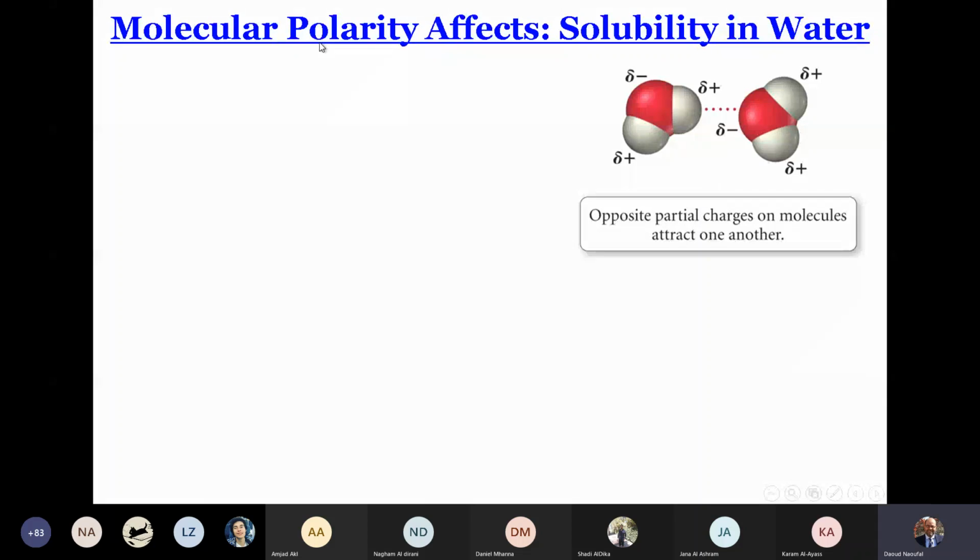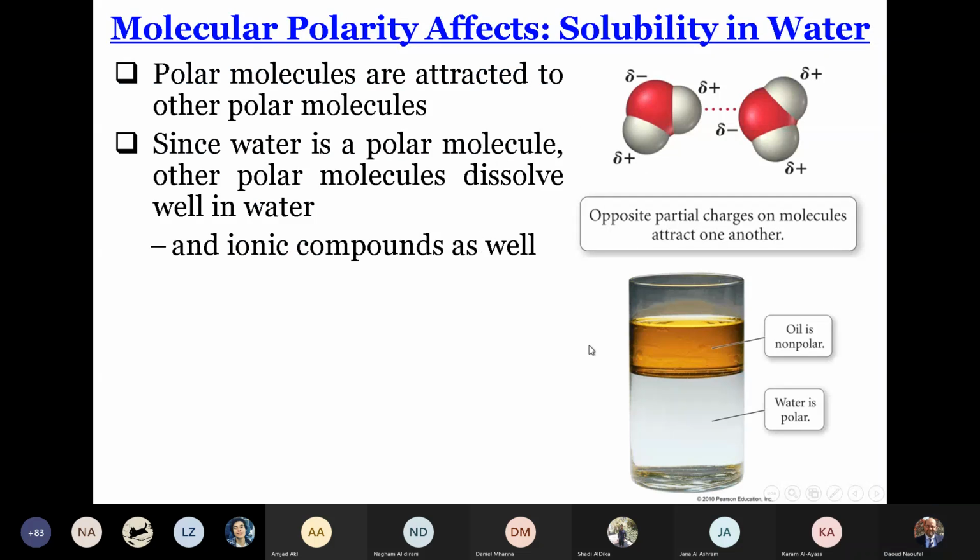The importance of polarity is that it explains solubility. Consider water, for example. We have delta minus and delta plus. If you put in ethanol, ethanol is a polar molecule, so ethanol has delta plus and delta minus charges.